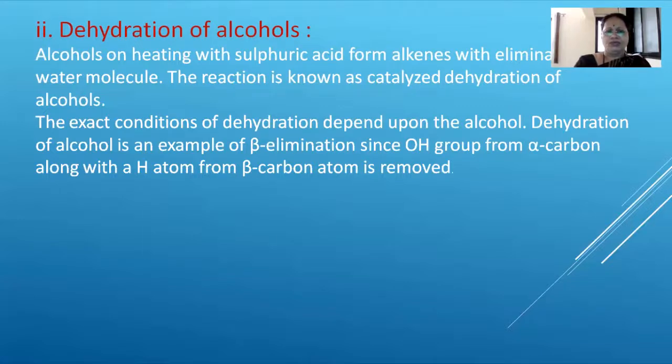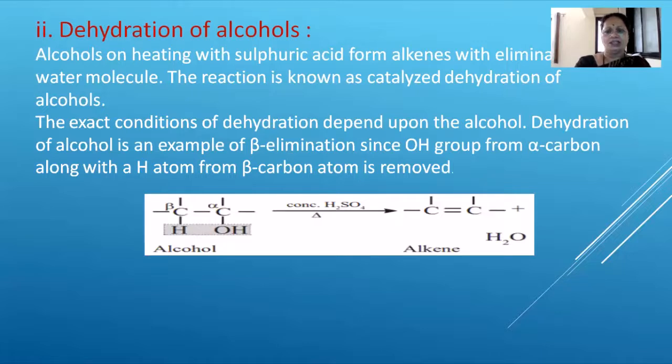Okay, for example, here the general reaction is given: the OH carrying carbon is alpha carbon, and next adjacent is beta. When it is heated with concentrated sulfuric acid, removal of OH and hydrogen, formation of water takes place. So here water is removed from the alcohol molecule and formation of alkene takes place.